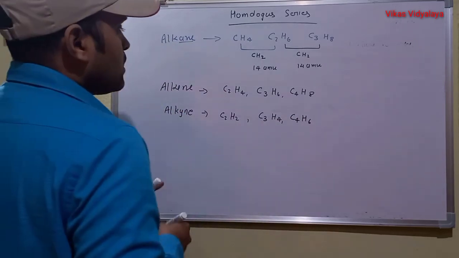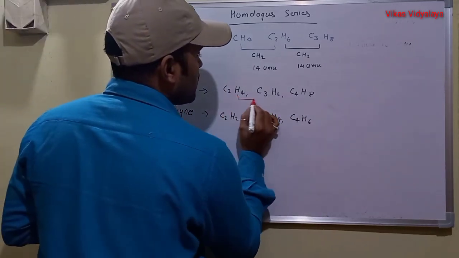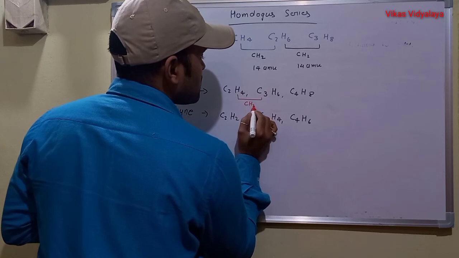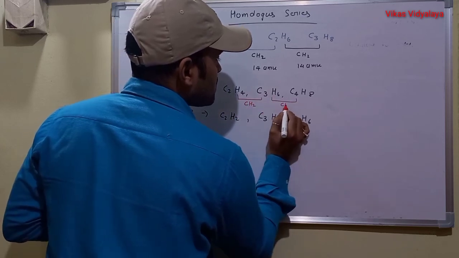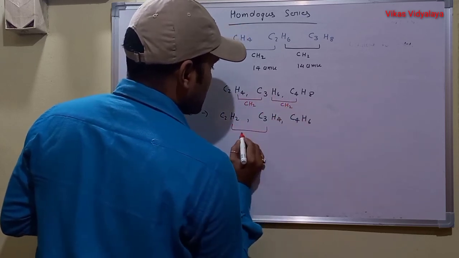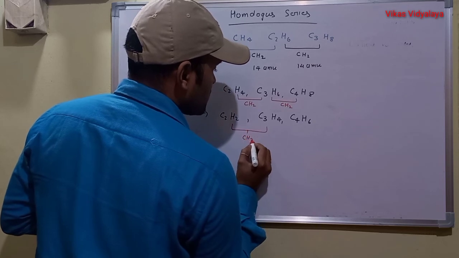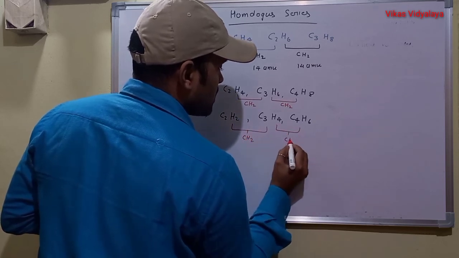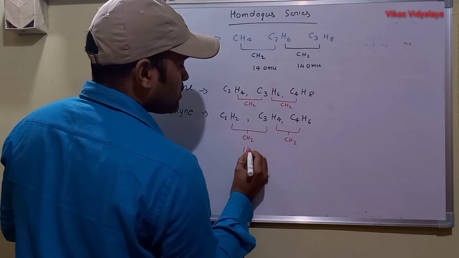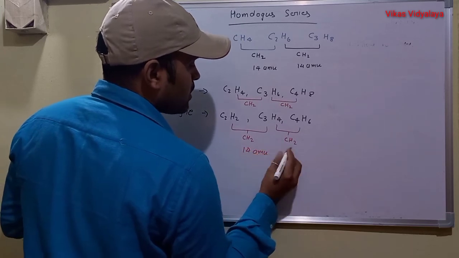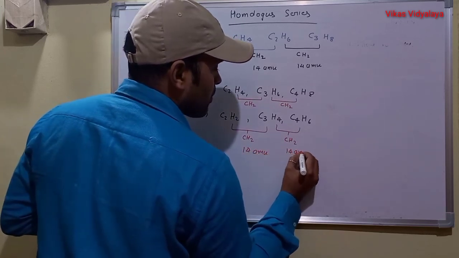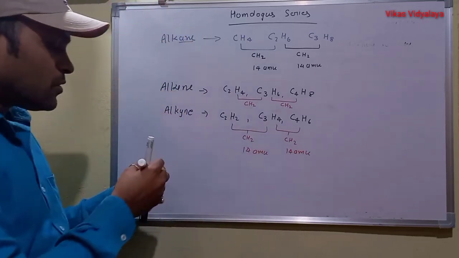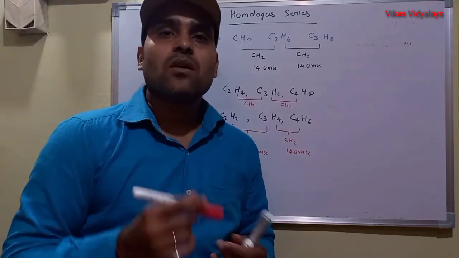Here, the formula difference is CH2, same as there, CH2 and CH2, and similarly both have the same molecular mass difference, 14 AMU. The question is: write down the characteristics of homologous series.